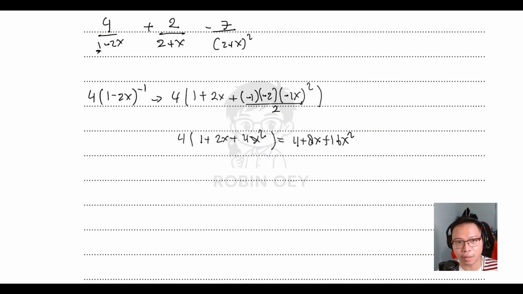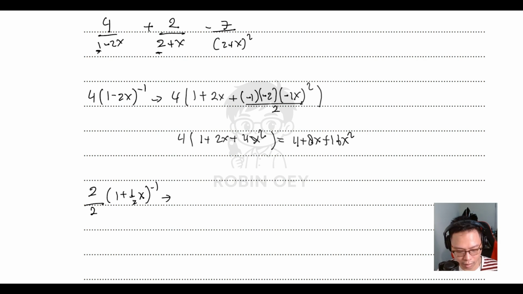The second part, be careful, the constant is not 1, so we have to factorize it. So this will become 2 over 2 because we take out 2. What's inside the bracket would be 1 plus half x to the power of -1.